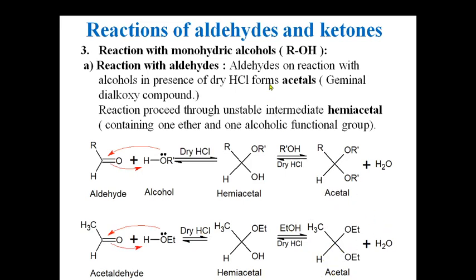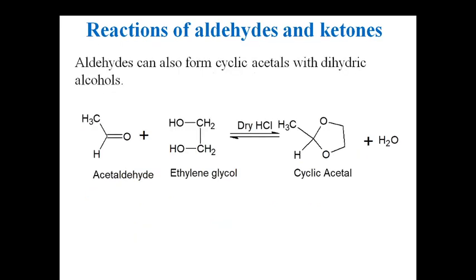So this is about the reaction of monohydric alcohol with the aldehydes. So what happens when dihydric alcohols are used? When dihydric alcohols are used, aldehydes form cyclic acetals. Here I have taken acetaldehyde, and an example of dihydric alcohol is ethylene glycol.